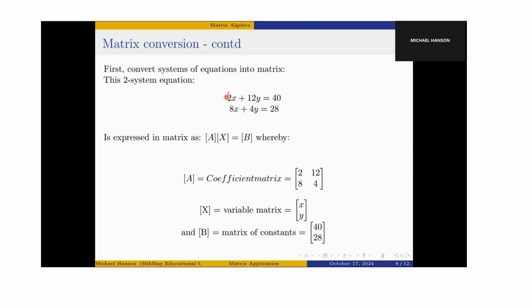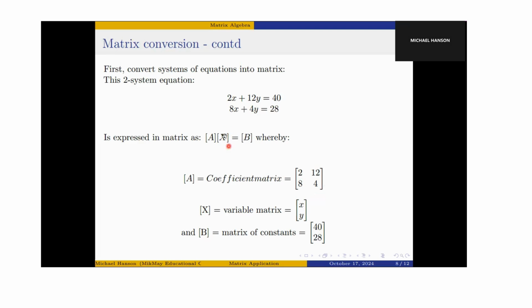Then each coefficient is written in place as it appears here. So the A matrix, which is the coefficient matrix, is made up by substituting the coefficients 2, 12 for the first row, then 8, 4 for the second row. That becomes our coefficient matrix A.